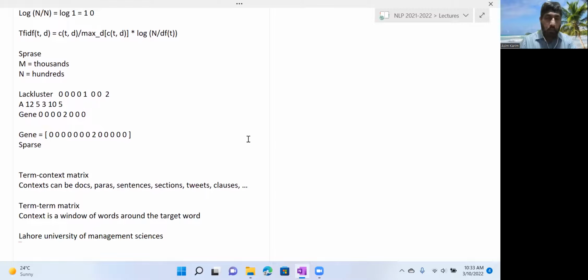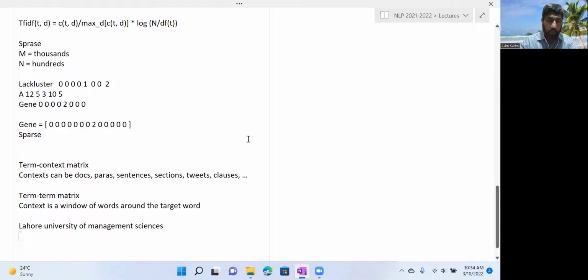Let's say I define a context of size +1 and -1 words. If I take the word university, the context for this word is just one word before it and one word after it. So the context of this word would contain the words Lahore and management.